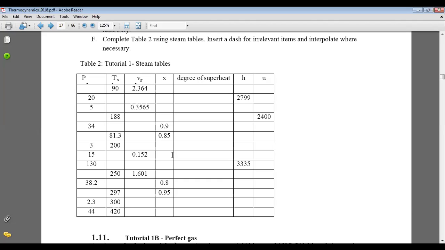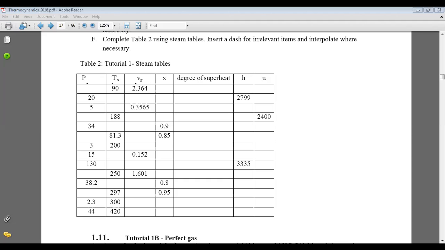Give me a second. Temperature 90. So this is the one, temperature 90, Vg is 2.364. Let's see whether this is okay or not. Temperature 90, Vg is 2.364. This is for steam. So you have to keep this in mind.